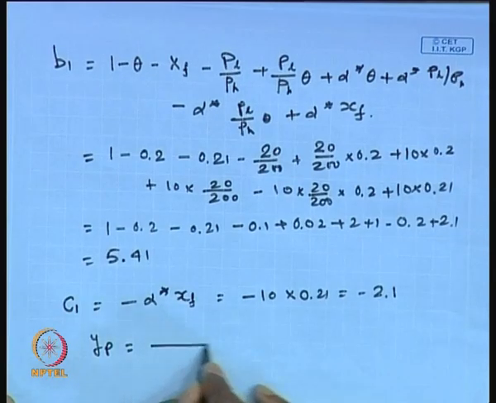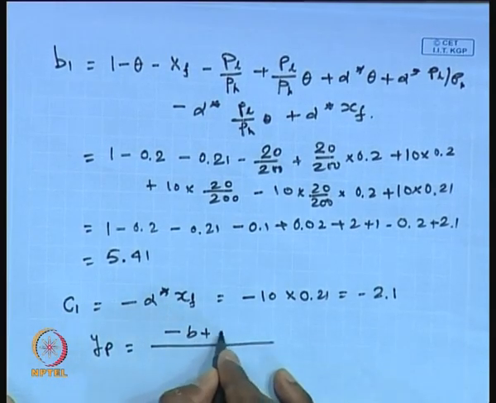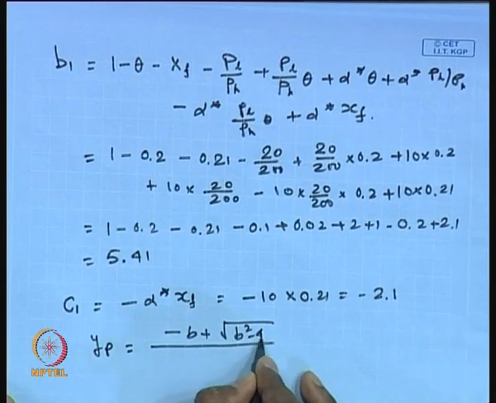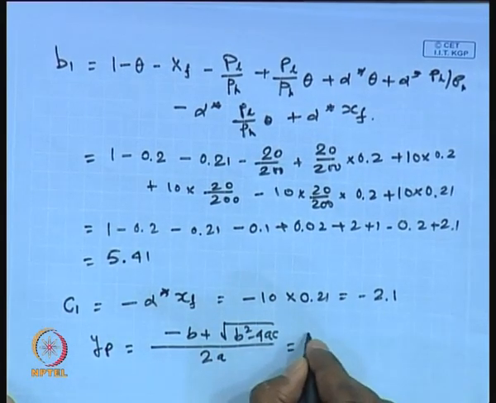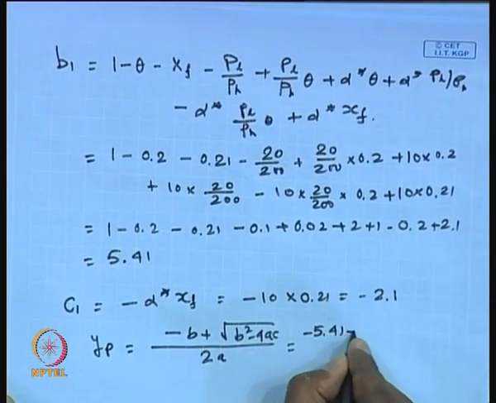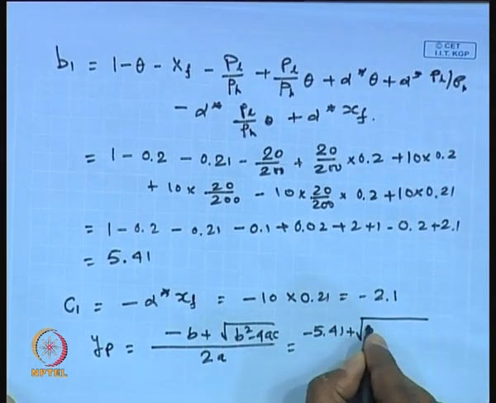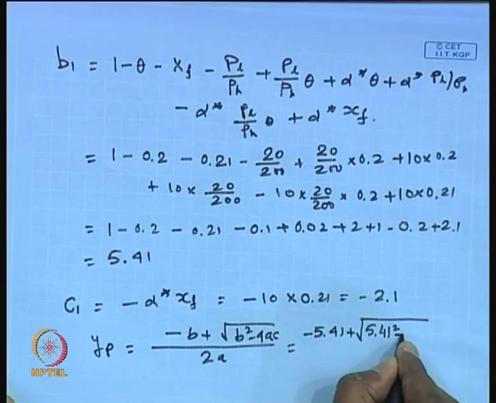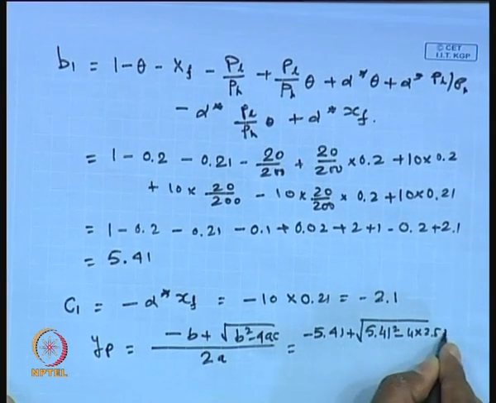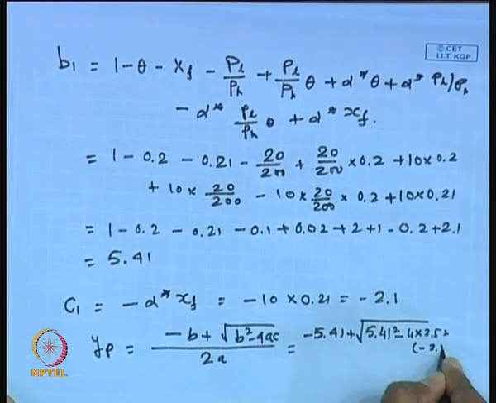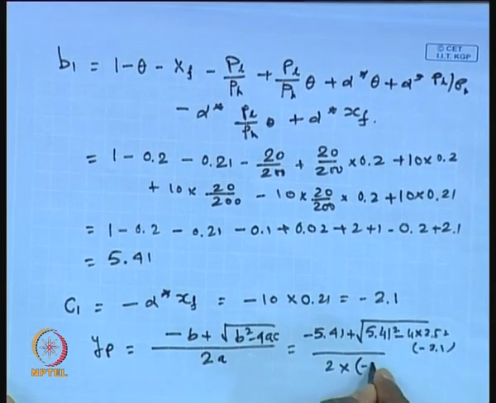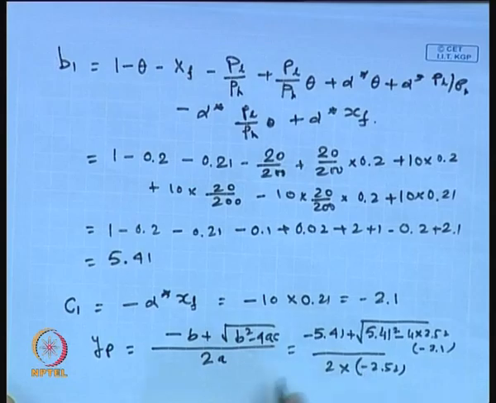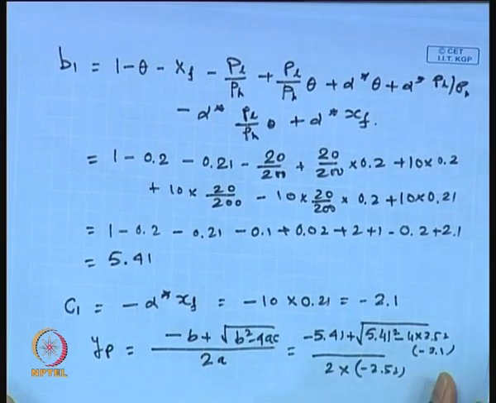It is minus B plus under root B square minus 4 AC divided by 2A. If you put all the values, it turns out to be 5.41 plus 5.41 square minus 4 into 2.52 into minus 2.1, divided by 2 into minus 2.52, and the value of Yp turns out to be 0.501.